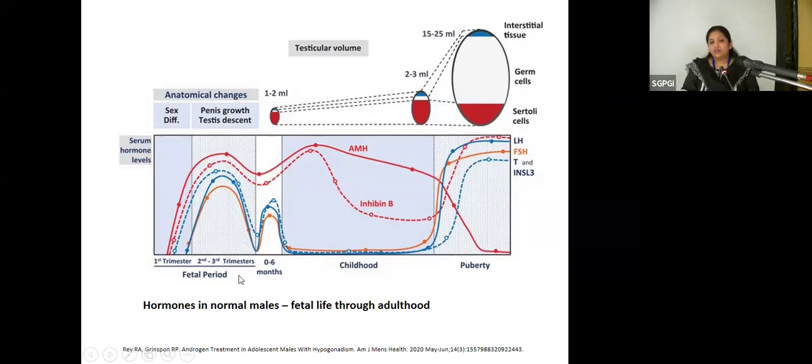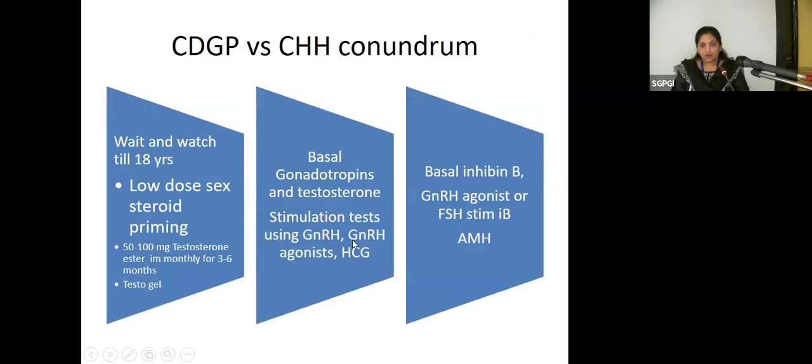And with the low gonadotropins, low testosterone, we will see low levels of AMH and inhibin B in these children. But because there is a significant overlap, we'll see how this test has fared in actual real life situations.